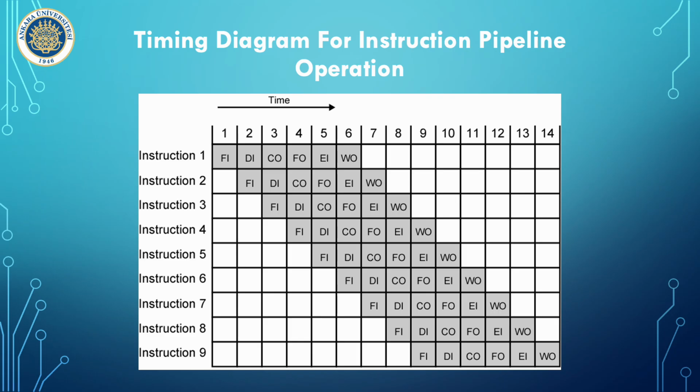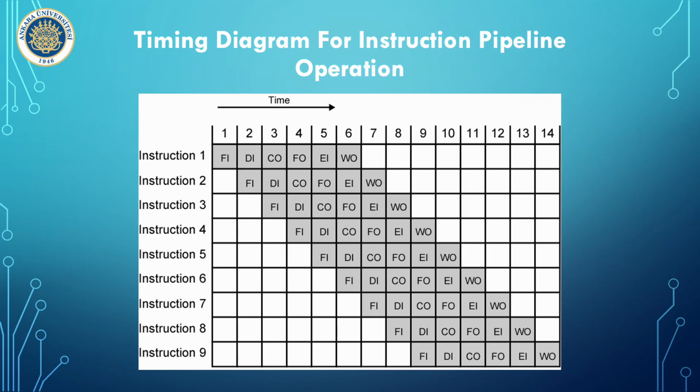Now we see the timing diagram for instruction pipeline operations. This diagram shows how instructions overlap in the pipeline. Each row represents an instruction and each column represents a clock cycle. As we move down the rows and across the columns, we see different instructions occupying different stages at the same time.